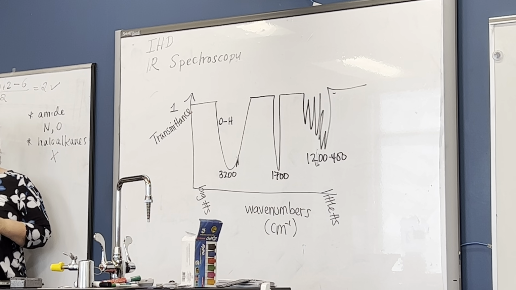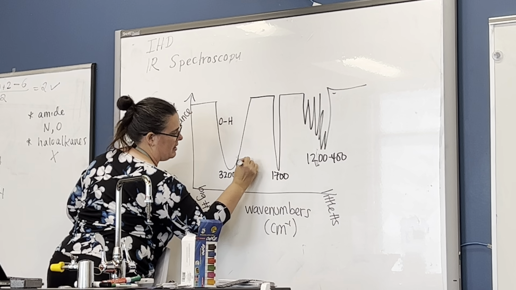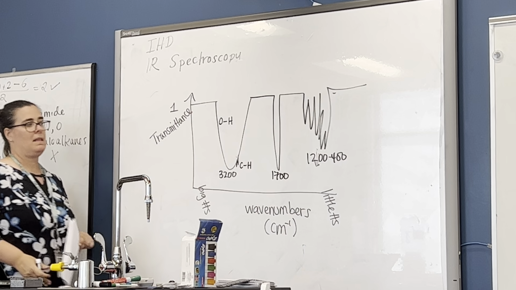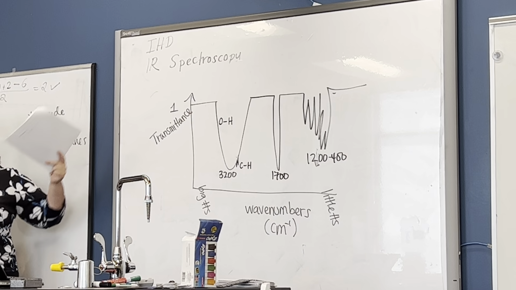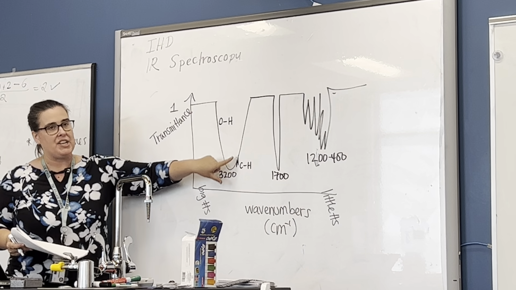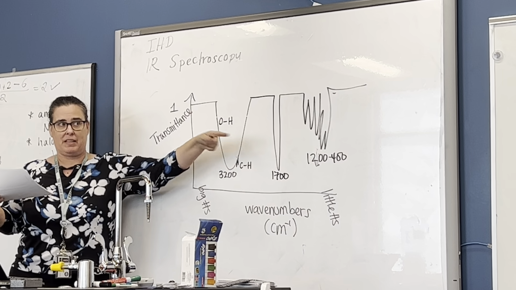What do you think they could be given this table? That's a CH, that's right. So those little lines are frequently going to appear at the same place because they're also in that 3000 kind of range. If I have a really big envelope, sometimes I can see a little CH action. But if I have something that is broad up here, I'm still going to guess it's an OH.